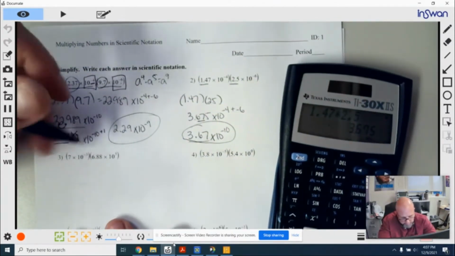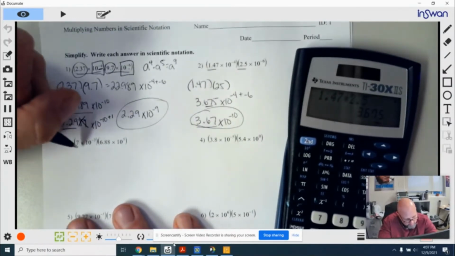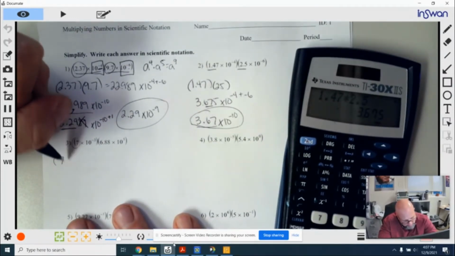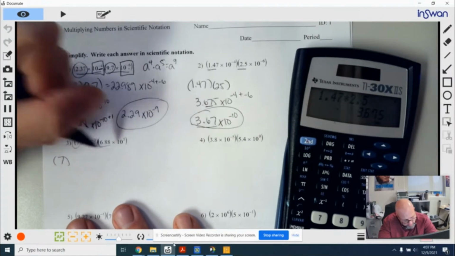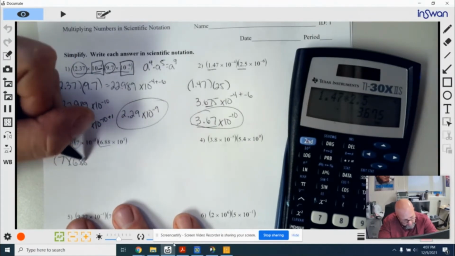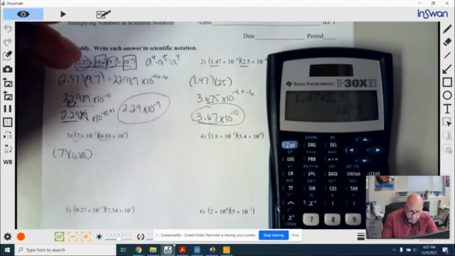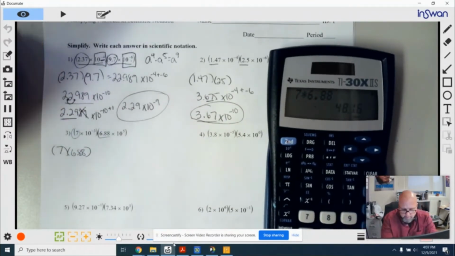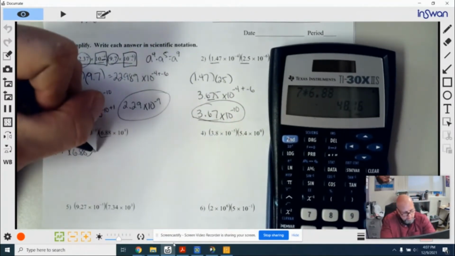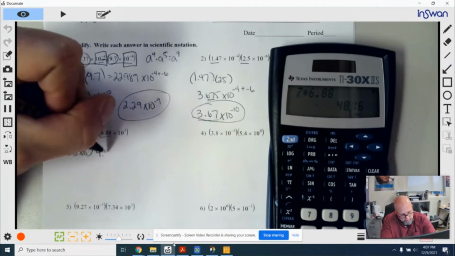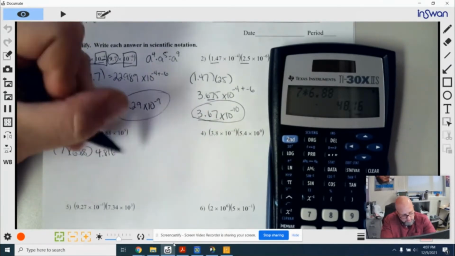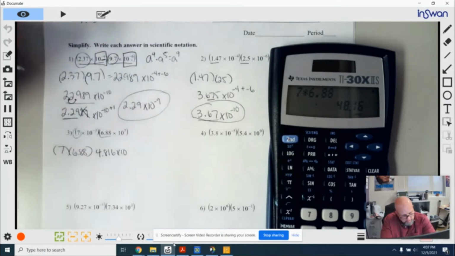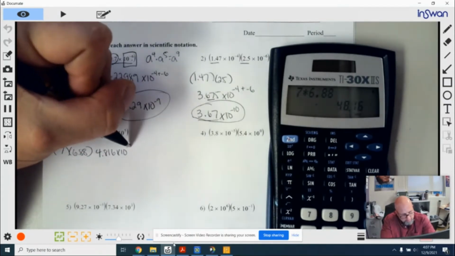Okay, number 3. We have 7 as the first base number. I'm going to multiply it by the second one, 6.88. So I'm going to do 7 times 6.88. And I get 48.16. So 48.16. Then I put times 10. I take the first exponent, -3.